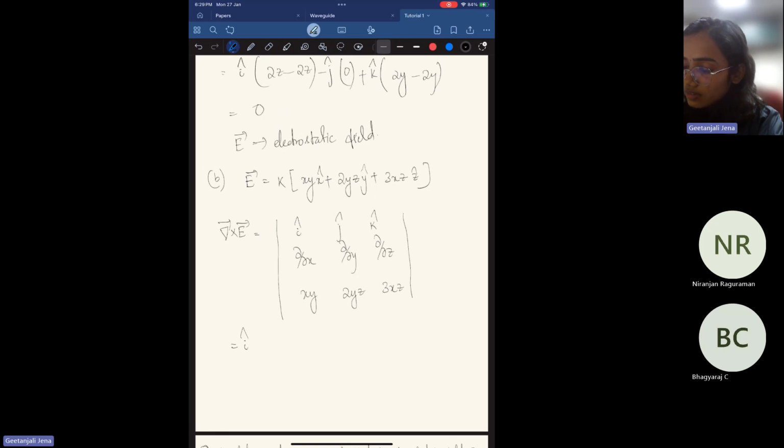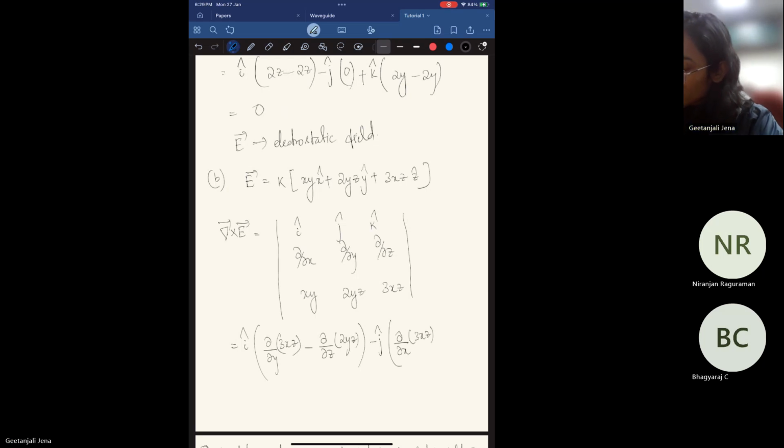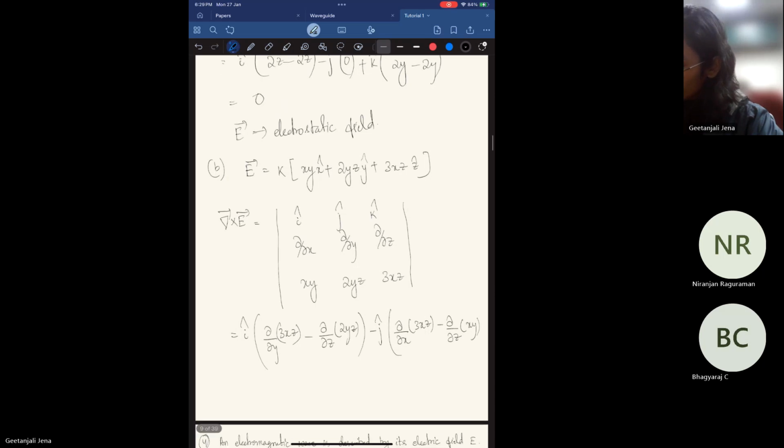Now if you take the cross term, it is i cap times dou by dou y of 3xz minus dou by dou z of 2yz, minus j cap times dou by dou x of 3xz minus dou by dou z of xy, and there is a term k cap times dou by dou x of 2yz minus dou by dou y of xy.